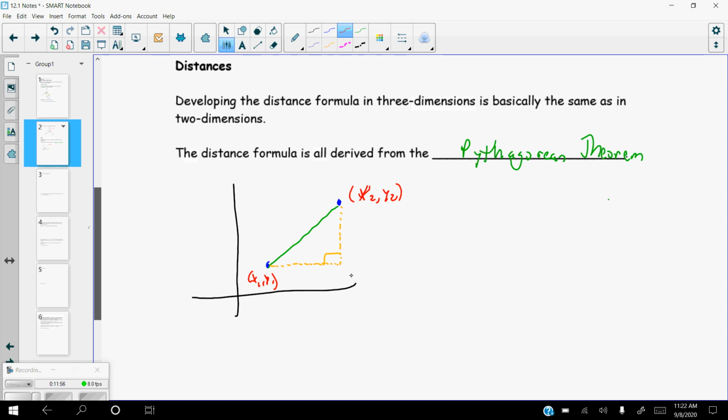If I want to find the difference between the 2 x values, I'm really going from x1 to x2, because this point right here would really be the difference between those 2 x's. So going from x1 to x2, what this point is right here is x2, y1.